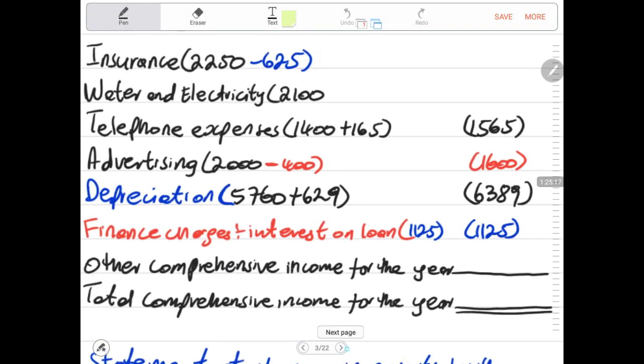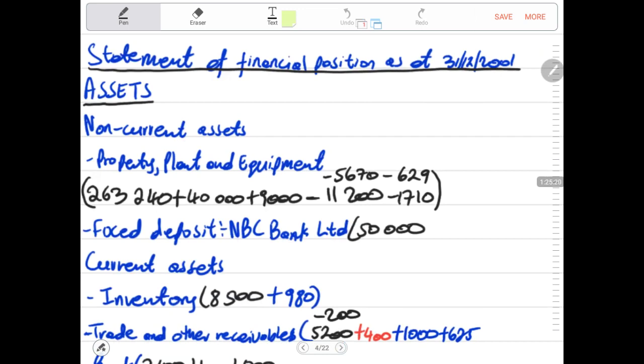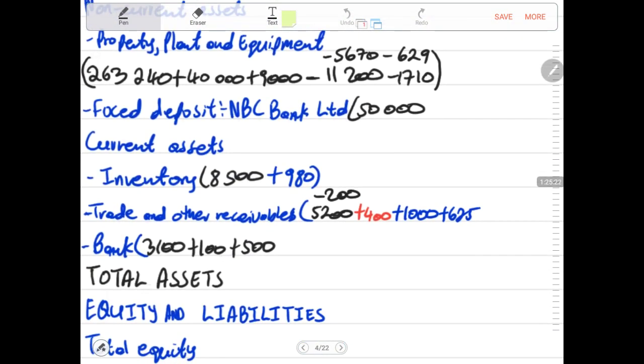But the amount of the allowance for credit losses of 250, we always reduce our debtors by the amount of the allowance at the end of the year, minus 250. Why so? Because we are estimating that some of the customers we have sold inventory worth 250 to will not pay us.